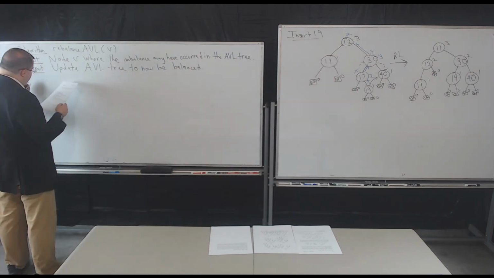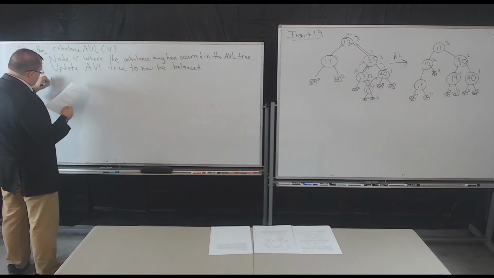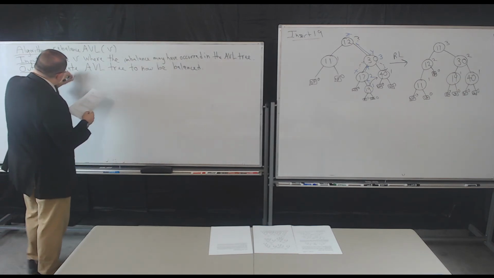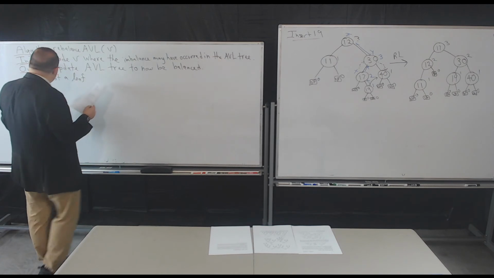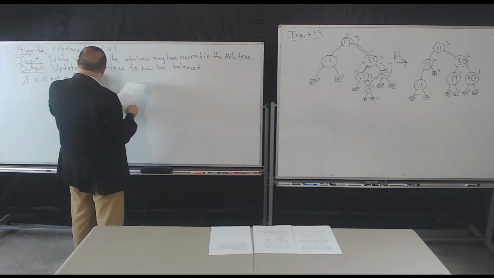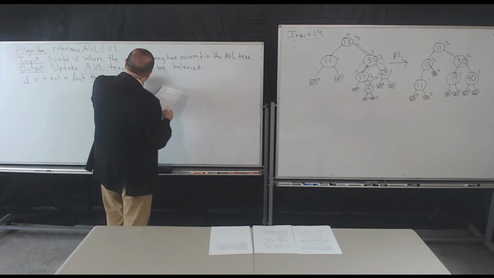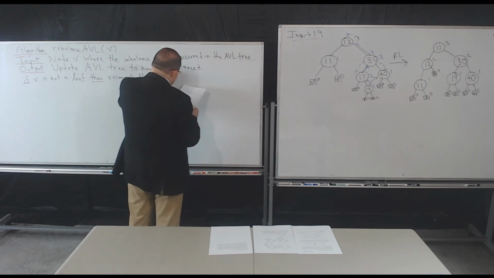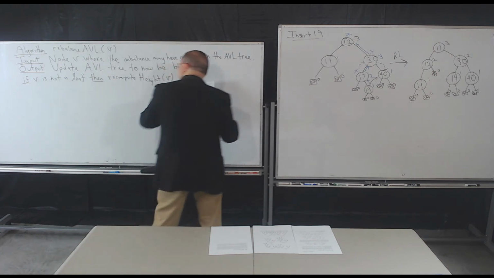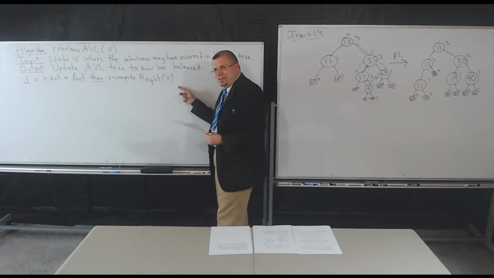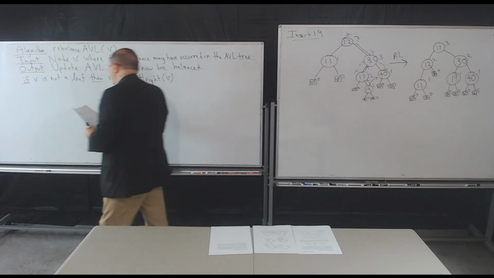Anyways, here's the algorithm. So I'm going to have: if V is not a leaf, then we're going to apply recompute height to V. That's why I said you can assume that the internal node's height is going to get updated, because the algorithm is going to do it there.